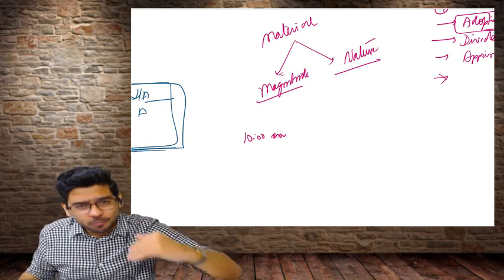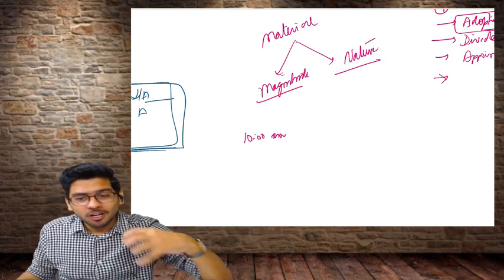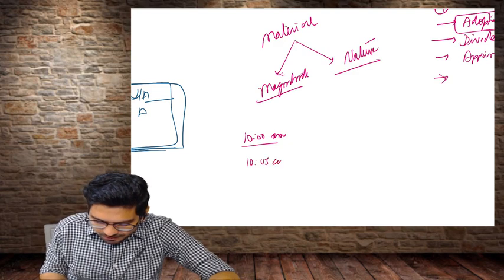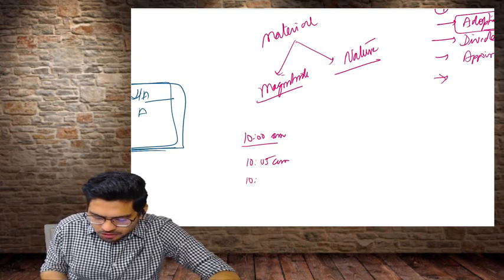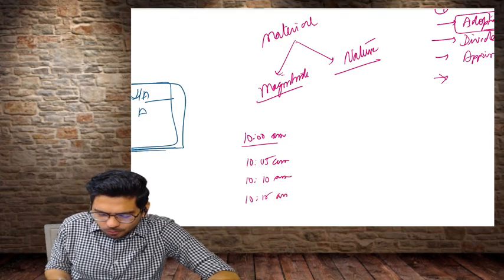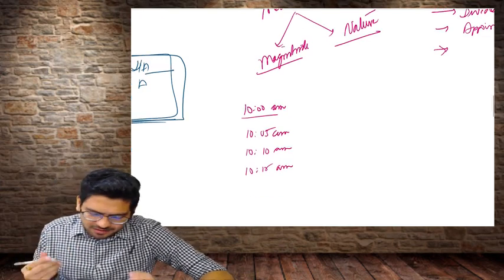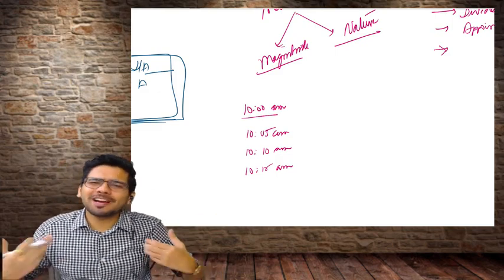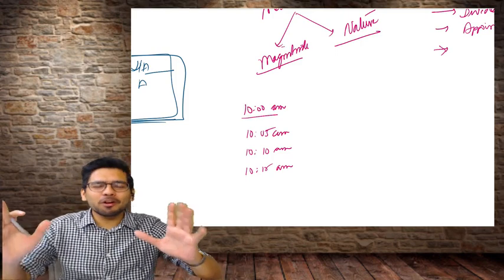But as and when you become familiar with the organization, 10 a.m. will after some days become 10:05. Some days because of traffic you may reach at 10:10, and some days it may go up to 10:15 a.m. also. But if you start coming at 10:05, 10:10, 10:15, probably you will not get a scolding from your principal, from your boss.